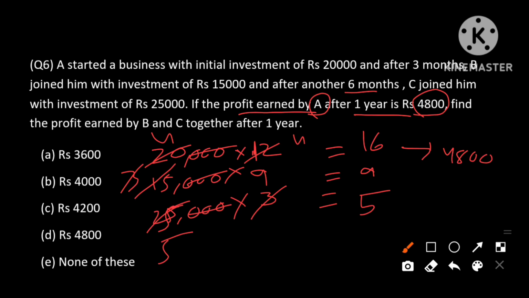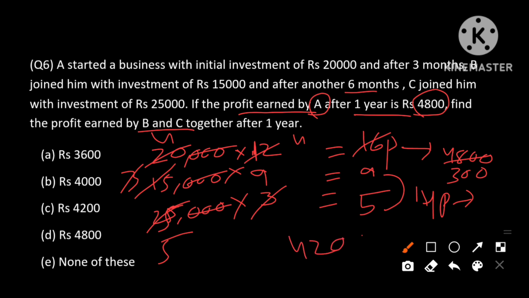Now find the profit earned by B and C together, the sum of these two, which will be 14 parts. We need to find the 14 parts value. 16 parts value is 4800, which means 300 times 16. So 14 parts value will be 14 into 300, which will be 4200 is our answer. Option C is the answer for this one.